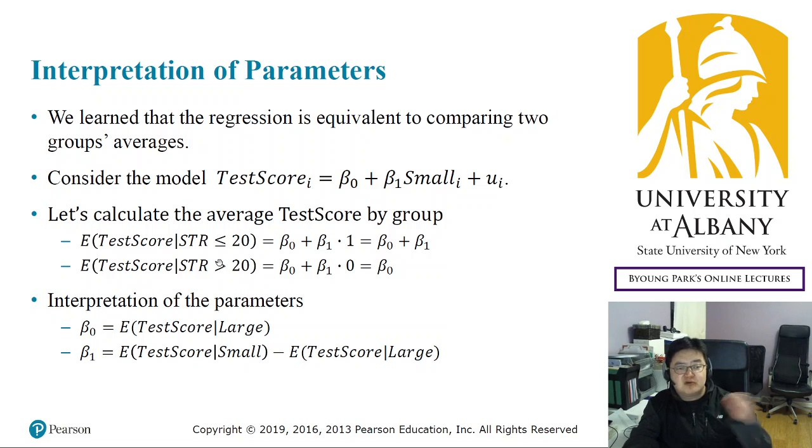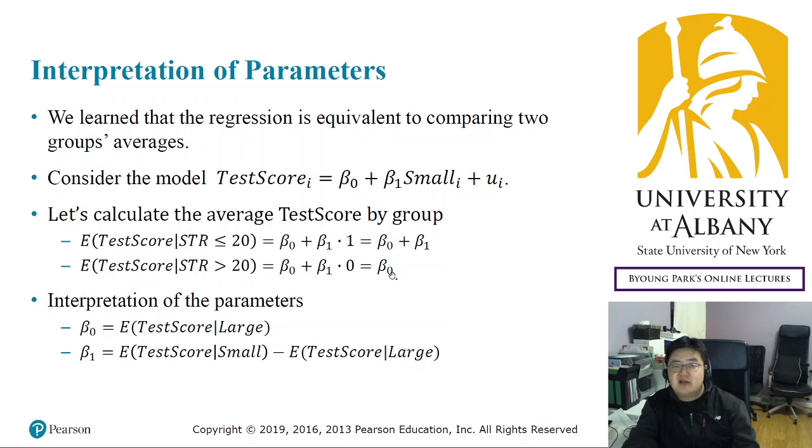But if you consider the other group, the large class size group, the small variable takes 0. So replace small with 0. Then beta 1 will disappear, and simply the conditional expectation is beta 0.